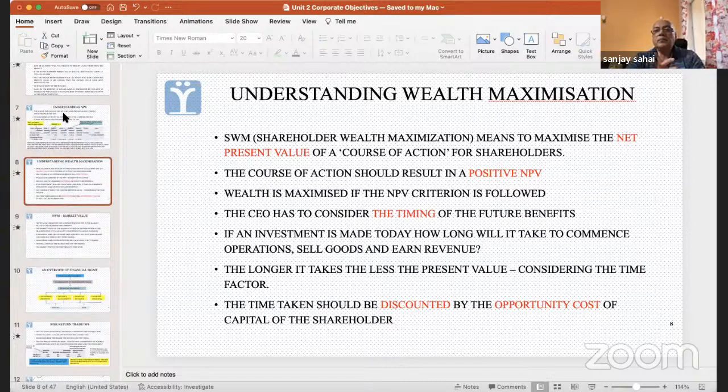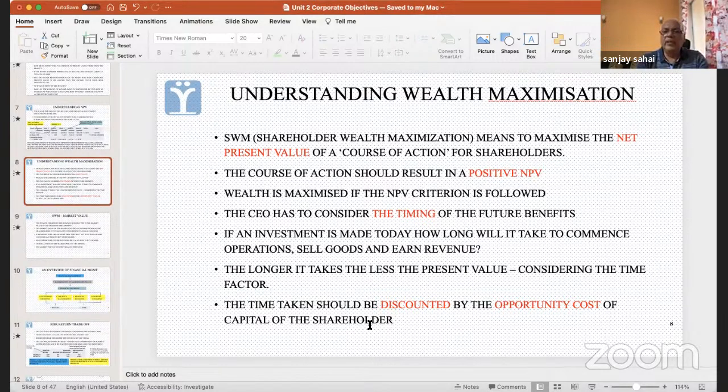So coming back to this, basically what happens is that if I do a financial calculation, and in that calculation I find that my NPV is positive, that means whatever I had invested, I'm getting back more than that.